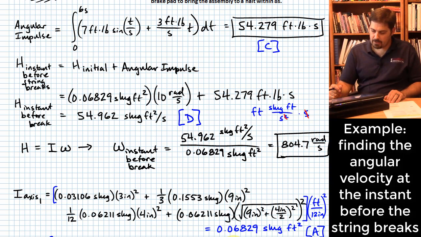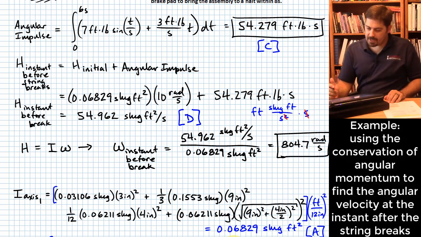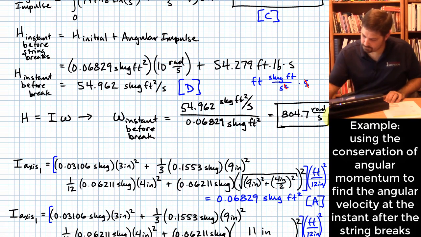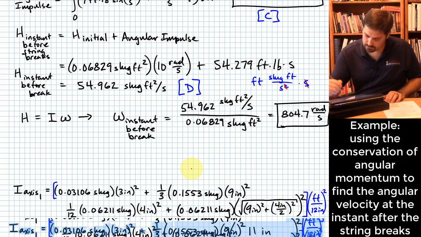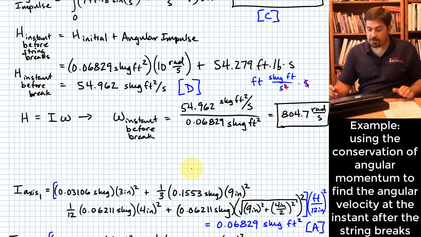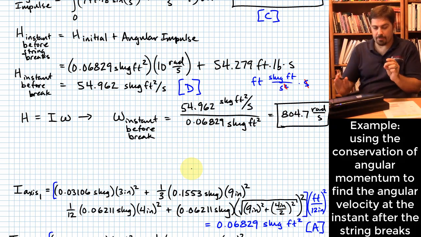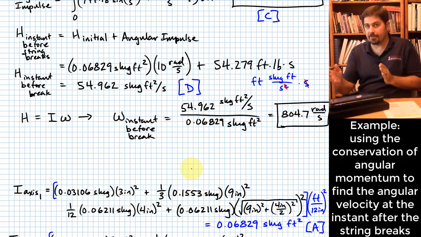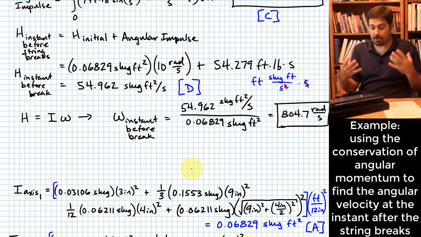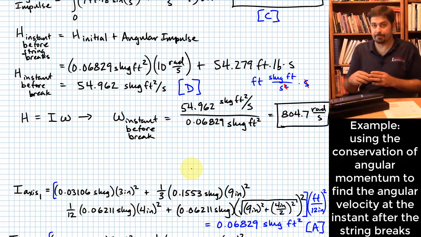All right, well, what's next? What about the angular velocity right after? Well, here's the thing. If we're talking about the instant before and the instant after, and we're talking about basically zero time in between, there has not been any chance for there to be any angular momentum to be transferred into or out of the system. We have conservation of angular momentum.